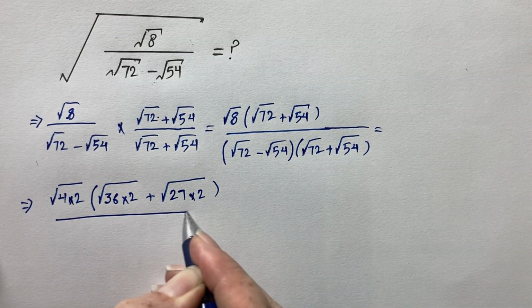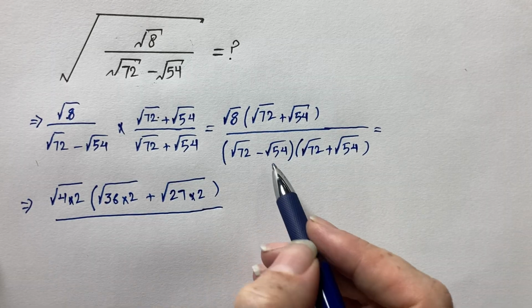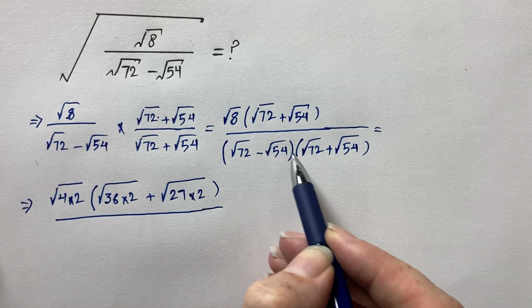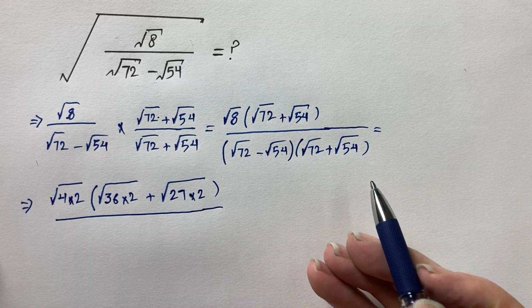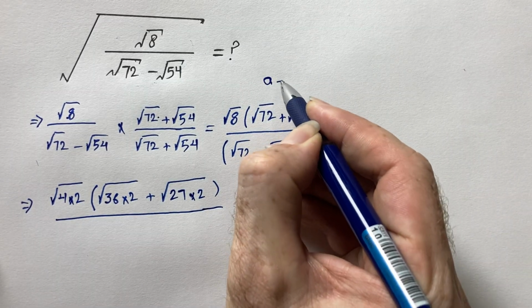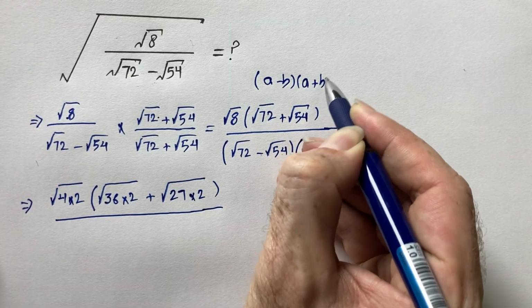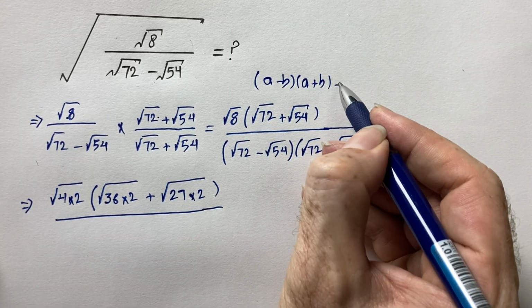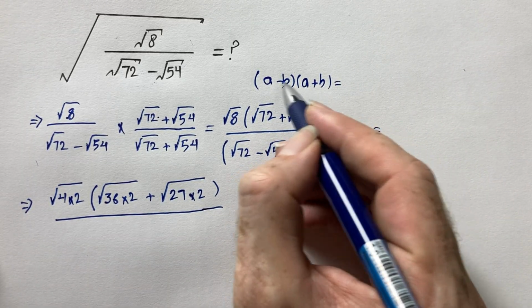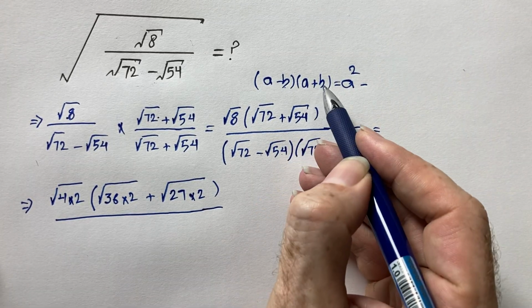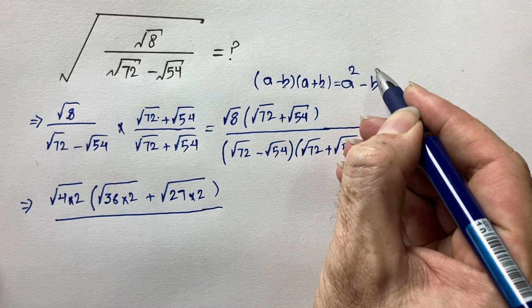This is top. What do we have on the bottom? Look, it is in the form of a minus b times a plus b. What is this? It can be written as first term, a to the power of 2, minus second term, b to the power of 2.